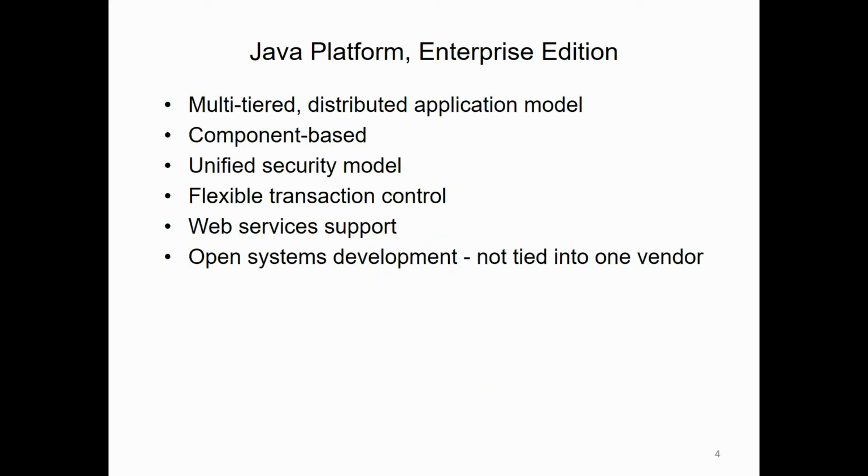Now, the framework provided by Java Enterprise Edition is a multi-tiered distributed application model. It is component-based. Now, that's a good thing because it means that we can write our components and plug them into the framework, use them, and when we want to replace them, we can unplug them and put in a new component in their place. But it also is a good model for development because it means that we're able to keep problems in a localized area.